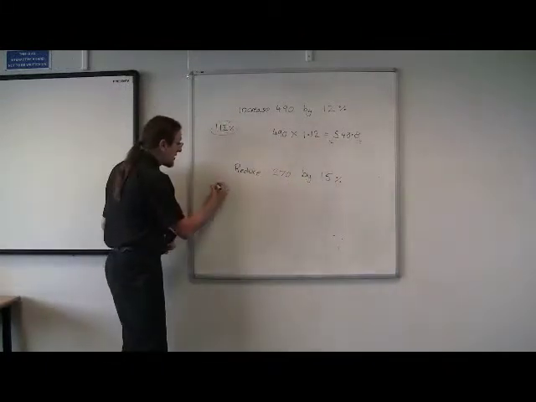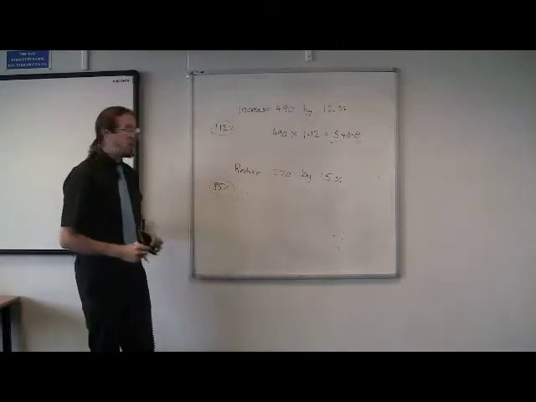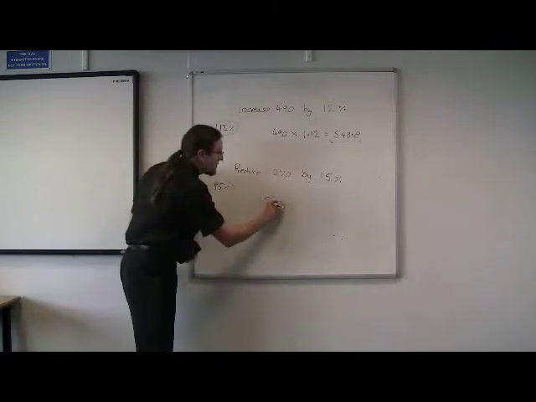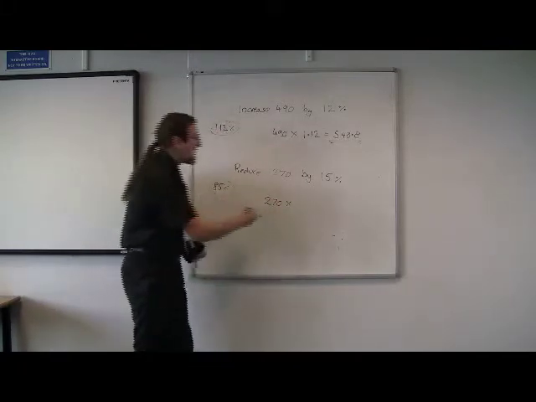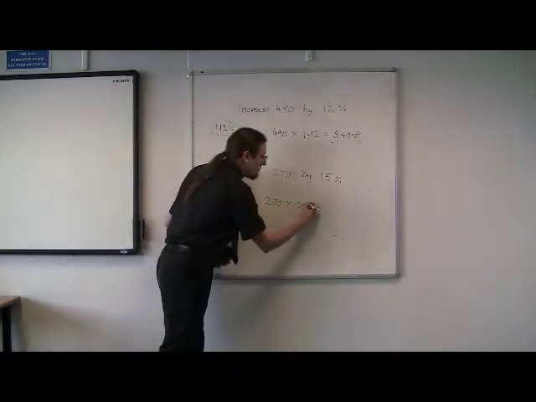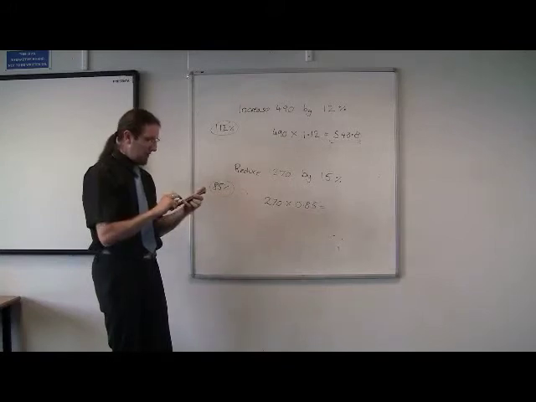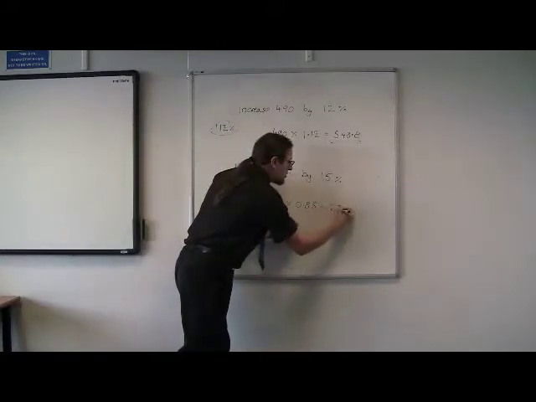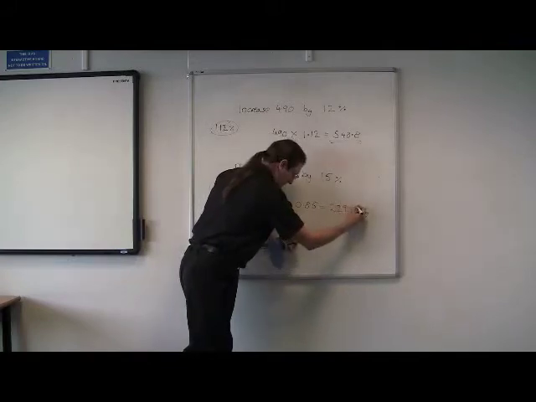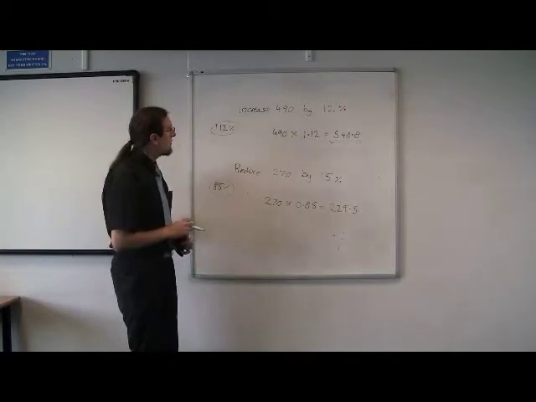In other words, what you're going to be left with is 85%, and we can just use that decimal multiplier. So we would have 270 multiplied by 0.85, and that should take us straight to our final answer. Just short of 230.